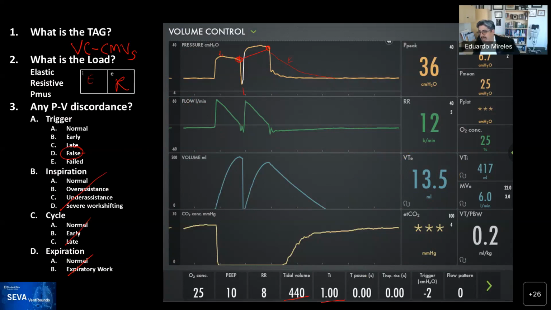And we saw a case, I think last SEVA VentRounds or two ago, in which you could see clearly that this doesn't return back to baseline, and that's a telltale sign that there may be somebody stepping on the circuit, or the expiratory filter they put before the expiratory valve is obstructed, or the expiratory valve is adhered or having an issue.